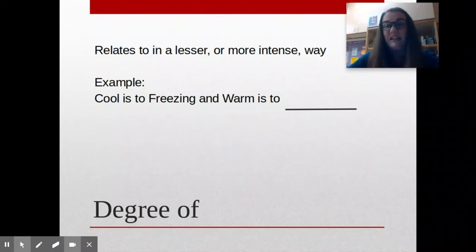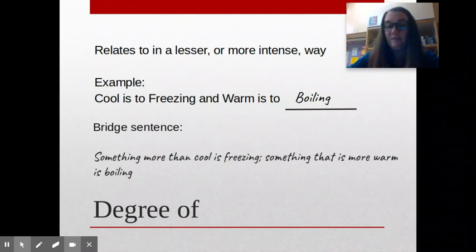Warm then would be like a less intense version of boiling. So your bridge sentence here could be something more than cool is freezing, or something that is more warm is boiling. It's kind of a little weird, but you see how it's like a degree of something. Like it might be a little bit warm, but if it's much more than that, would be boiling.